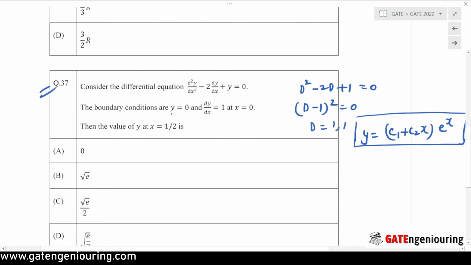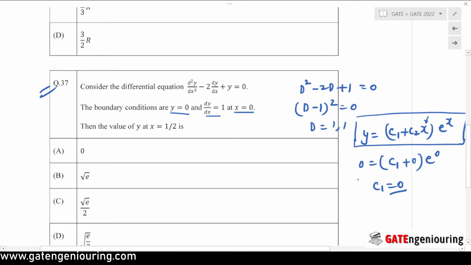Now apply the boundary conditions. y is equal to 0 and dy by dx is equal to 1 at x equal to 0. So put x equal to 0 in this. When I put x equal to 0, I will be getting y equal to 0, c1 as it is, e power 0, and e power 0 is 1. So from here c1 is 0.